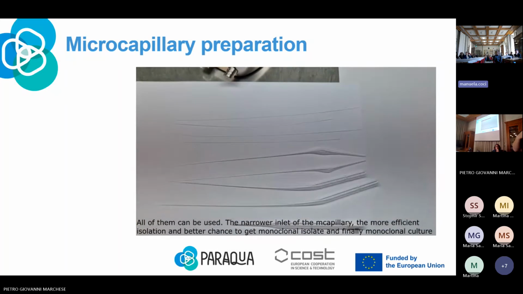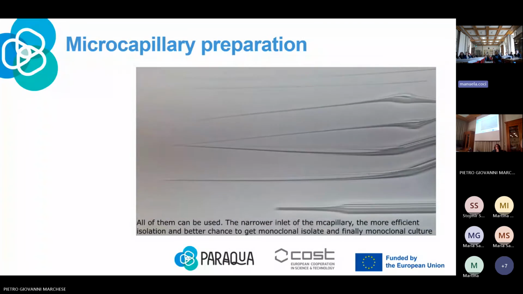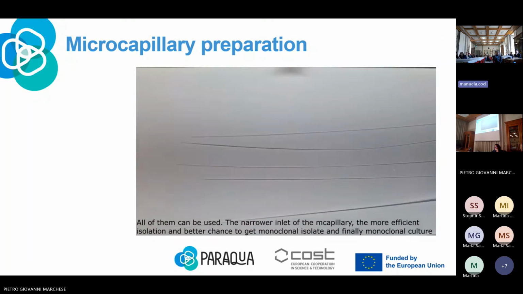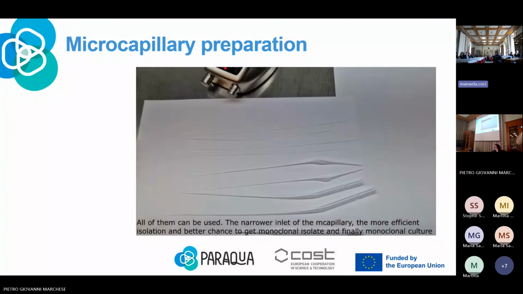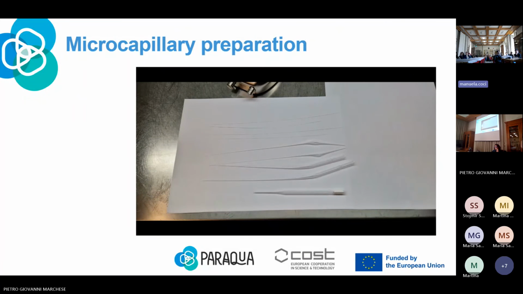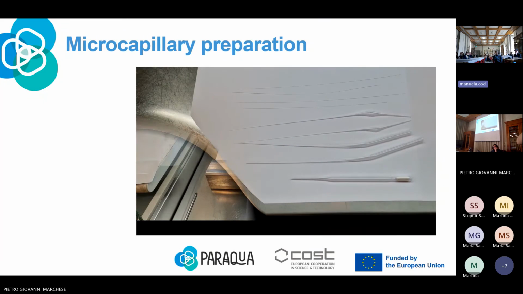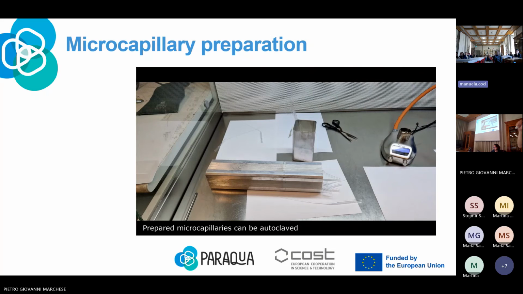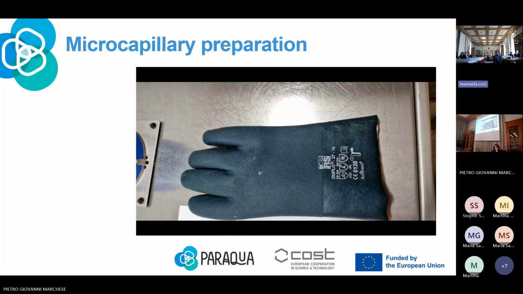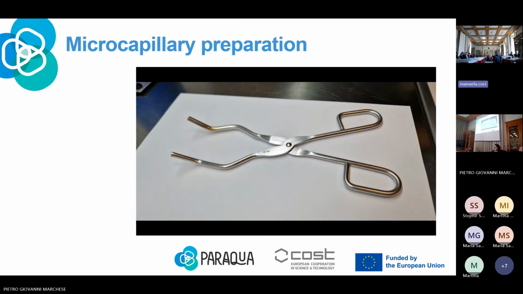But if you are worried about it, you can use a peristaltic pump and add a pipe connected to your microcapillary like this, because this end has a larger diameter, so you can easily mount the two parts together, switch on the peristaltic pump, and your target specimen will go semi-automatically to the drop of the medium.